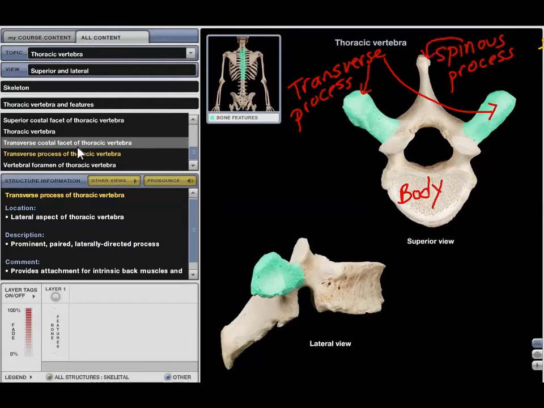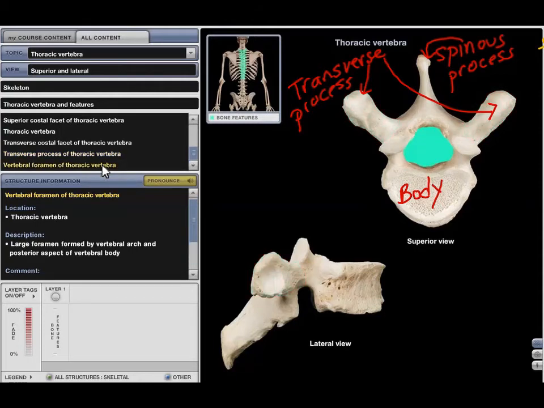And there's the spinous process, posterior. And one last important feature is this structure, which I'm going to highlight, which is called the vertebral foramen.